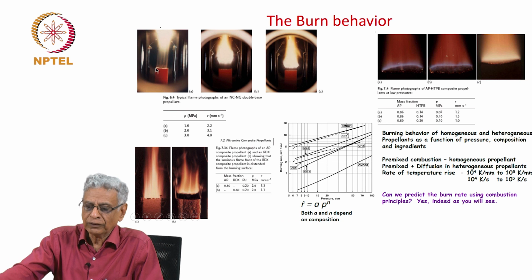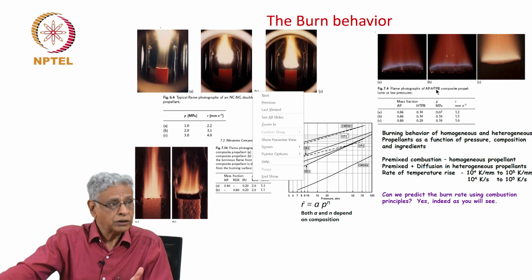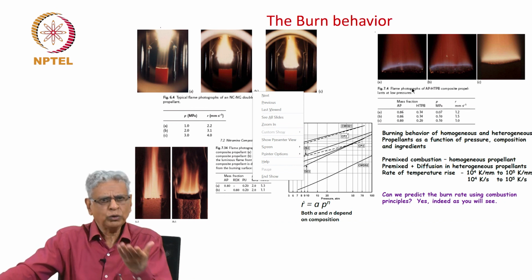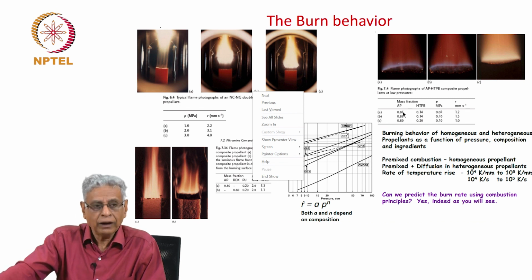Then we look at ammonium perchlorate, HTPB, which is hydroxyl terminated polybutadiene, composite propellant, typically used in all ISRO applications. If you look at very small pressures, 1 atmosphere and something like that, this is shown here for expressing the following behavior.